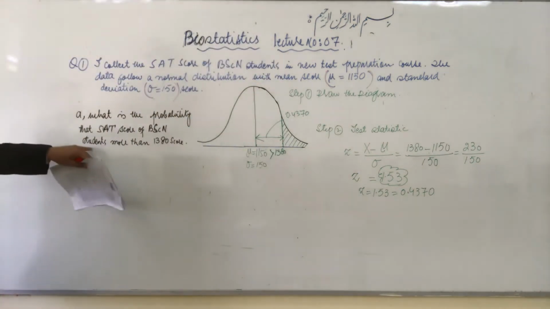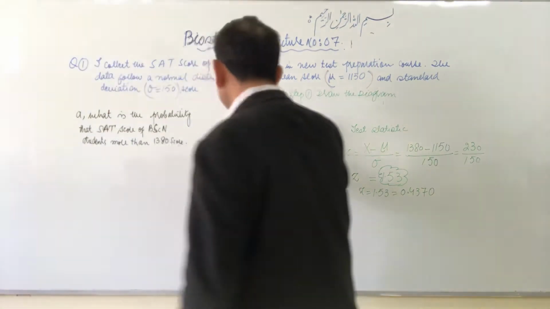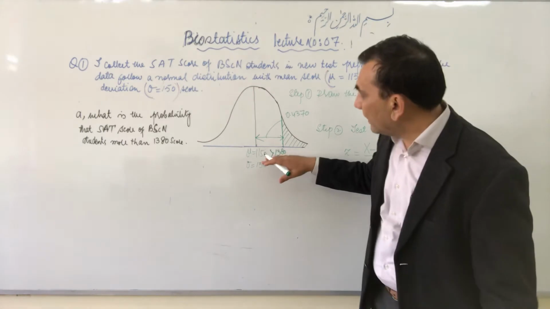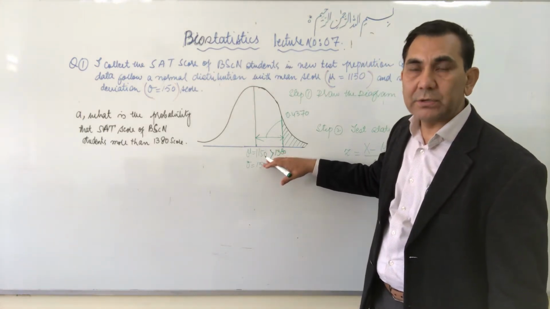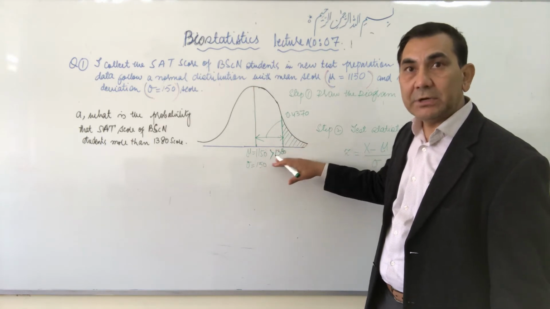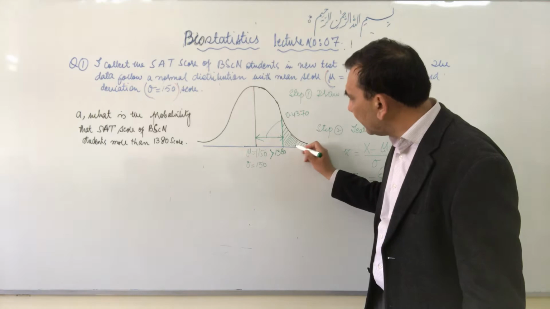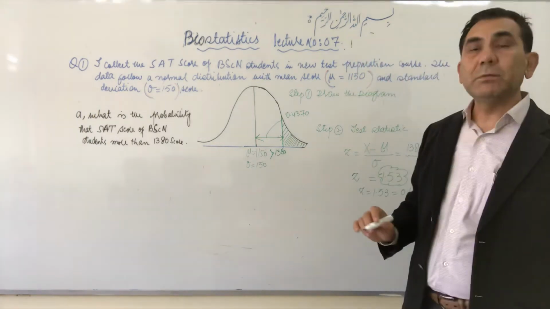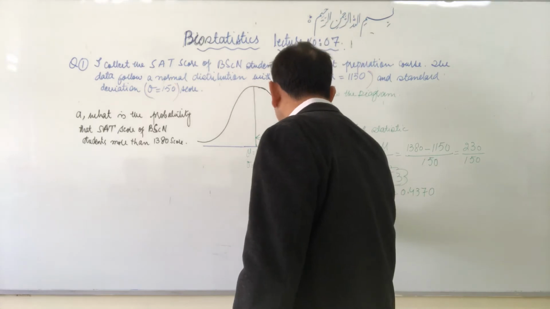But the question asks what is the probability that students scored more than 1380. So we are concerned with this area. From here to here it is 0.5.